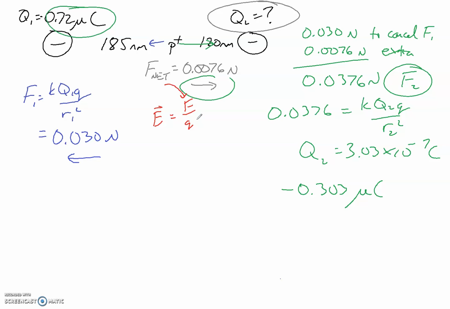Okay, so now I'm going to show you guys something else connected to forces. Let's take this scenario. Suppose we have, really simple, we are going to take a proton.